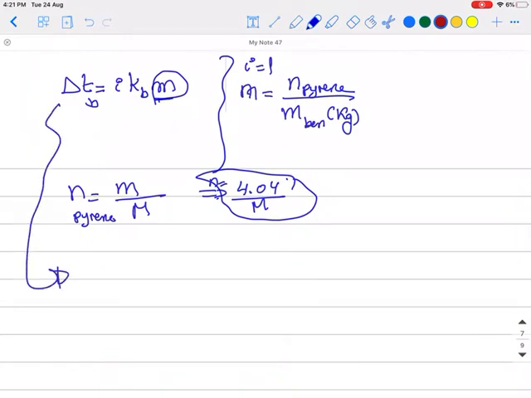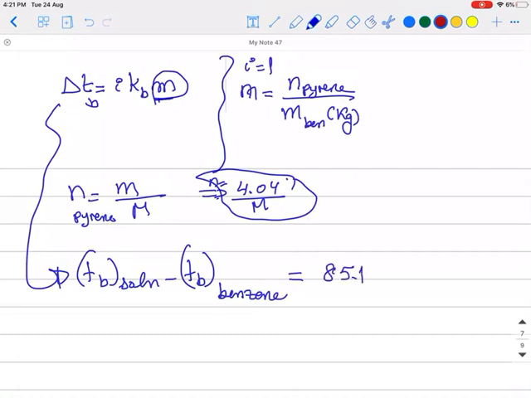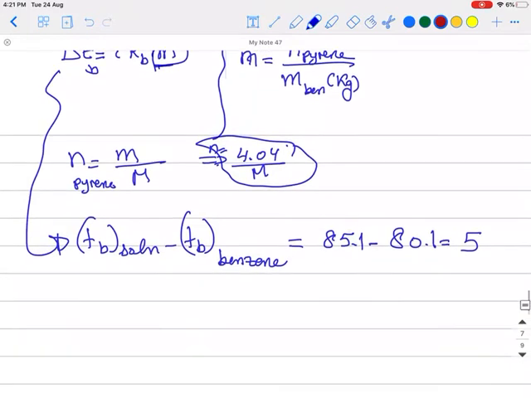Okay, I will substitute here delta TB, which is T boiling of the solution minus T boiling of the solvent, which is the benzene. T boiling of the solution is given to me 85.1, and that of pure benzene 80.1, which gives 5.